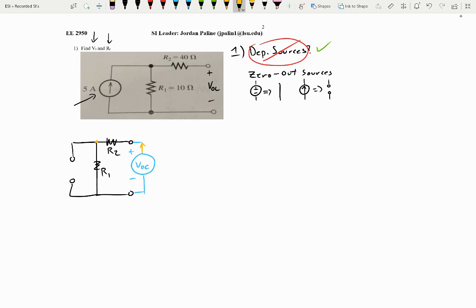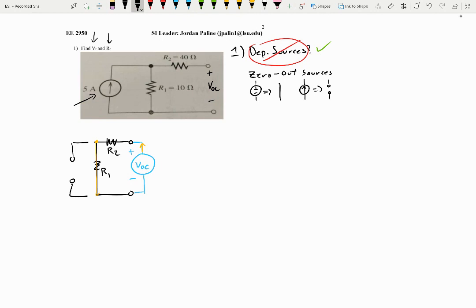Now, typically, current wants to follow the path of least resistance, but current cannot travel over an open wire. It has nowhere to go. It can't make that jump right here. So this current will just go completely through this resistor. So it skips over this open terminal. So we can effectively just go ahead and ignore the open terminal part. So that does nothing for us for this circuit.